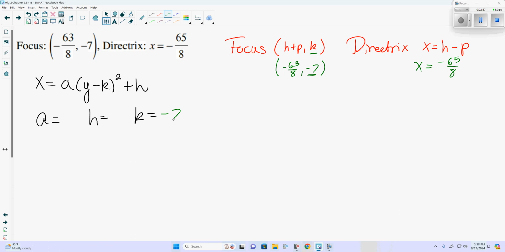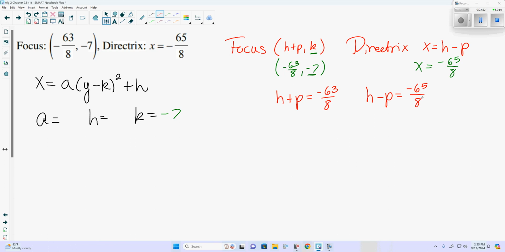Well, let's see what we do have. We have that h plus p is equal to negative 63/8. We also have that h minus p is equal to negative 65/8. We have a system of equations, two equations with two variables.